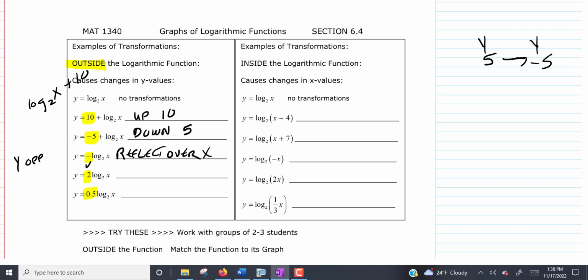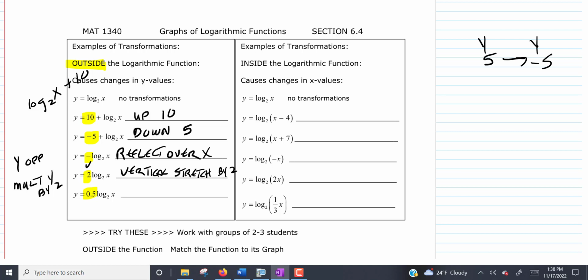Okay, the next one, what this does is multiply y by 2. Y gets bigger if you multiply it by 2. So does that stretch or shrink the graph vertically? Stretch, that's a vertical stretch by 2. Remember, if you're outside the function, everything is kind of logical.